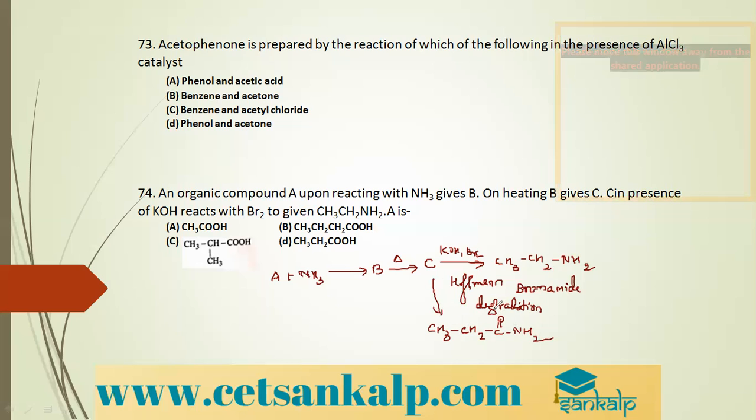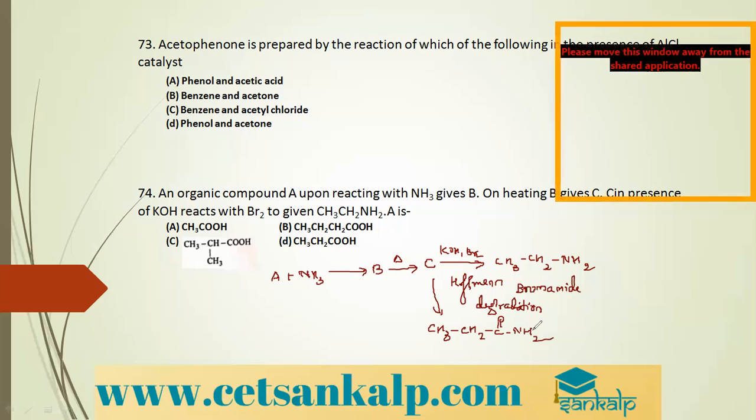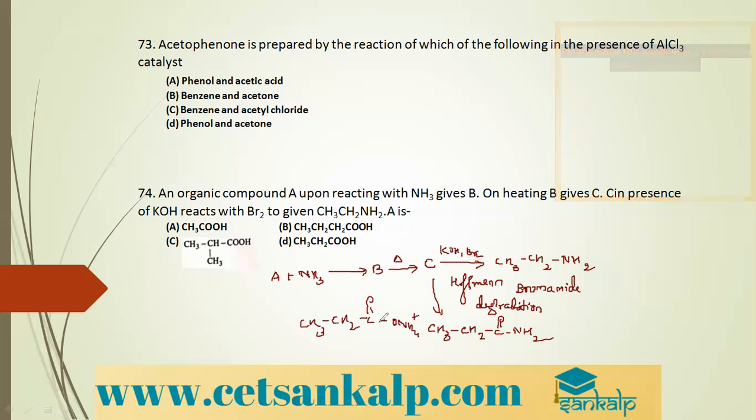Okay. So I'm getting an amide from B just by heating. So how do I get it by heating? That means there is elimination of water occurring. You should analyze the reaction like this only, students. So B will be CH3CH2COONH4+.